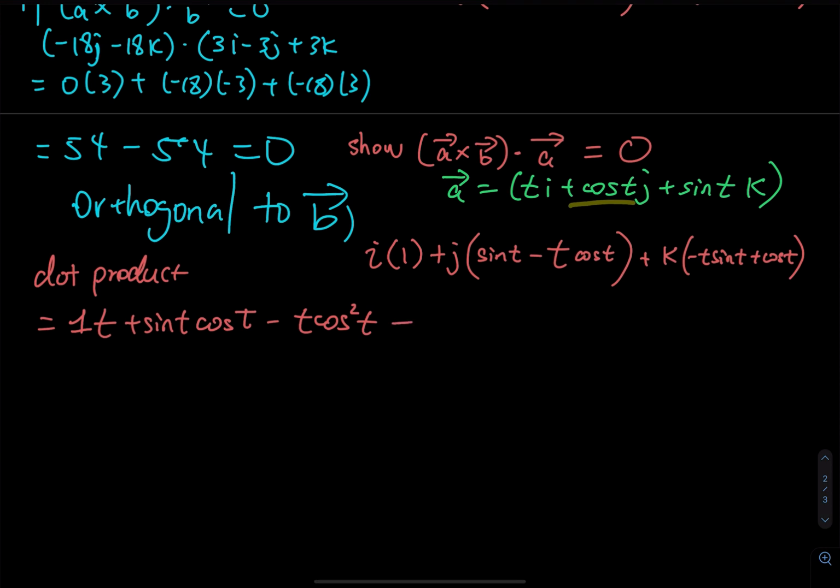And then we subtract sine times sine. I'm going to be extremely careful right over here. So we have a negative t sine square of t, right? And then sine times cosine.